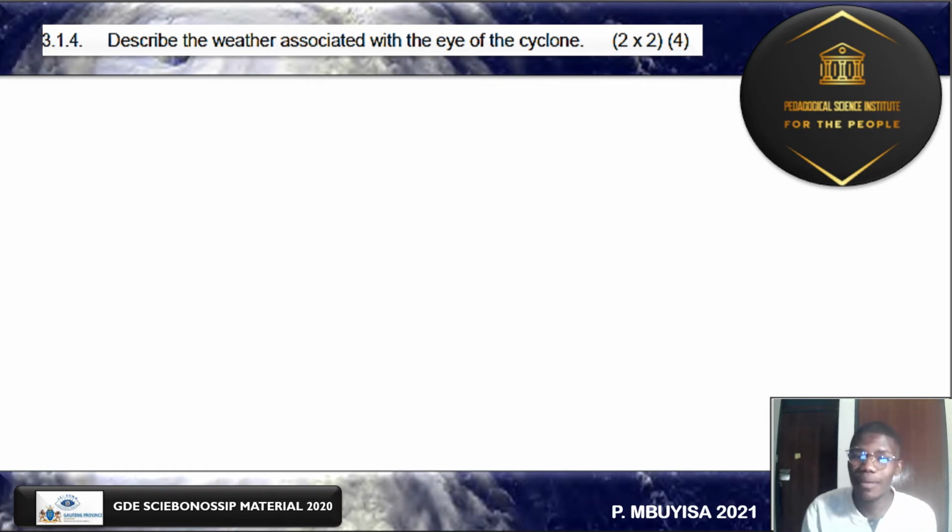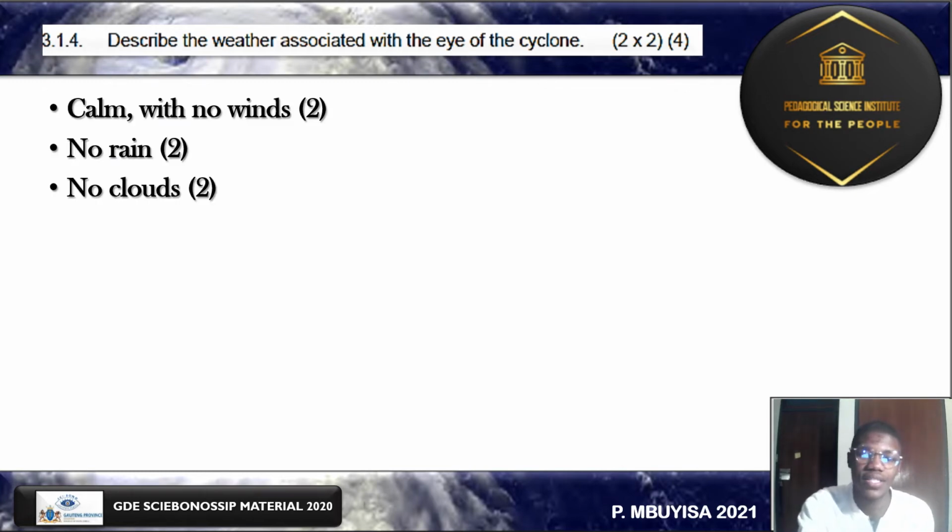So that simply means we are going to have stable weather conditions. So we have calm air with no winds, no rainfall, no cloud cover.